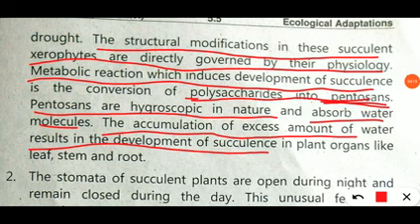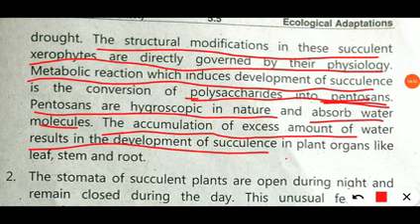This is due to the accumulation of excess water, because the root has the function of absorbing water, and the pentosans help in the absorption of water from the air. Therefore, a greater amount of water is stored in these organs, and they form the succulents.